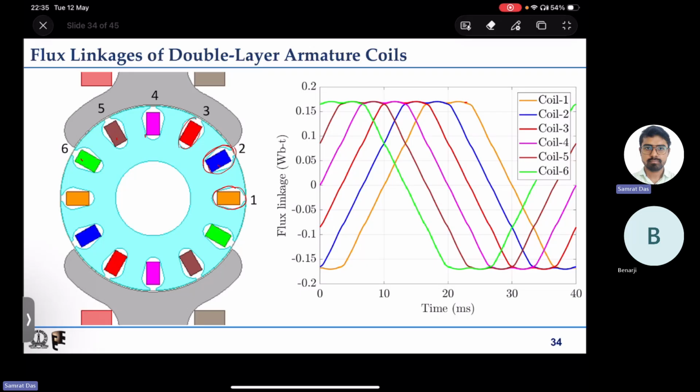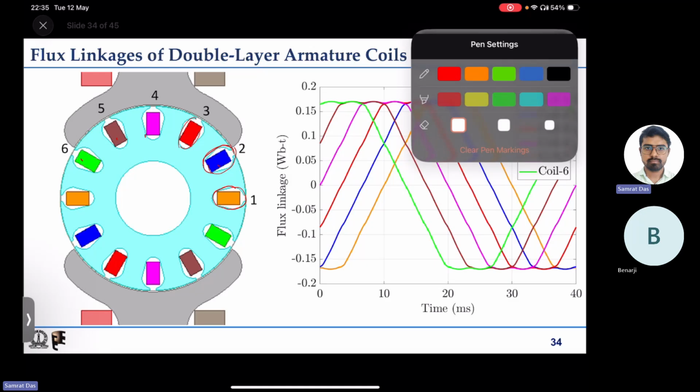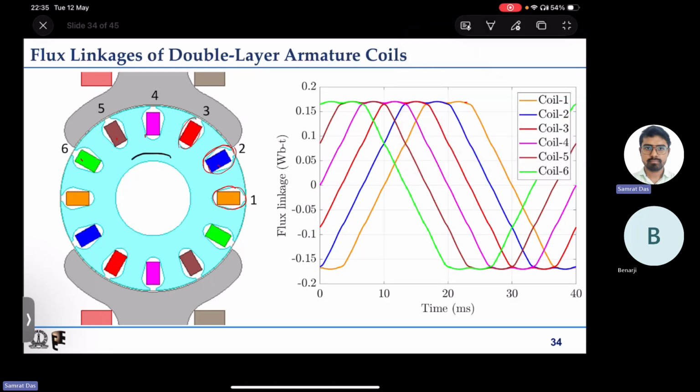These flux linkage waveforms are the flux linkages of the coils with time, and the rotor rotates in the anti-clockwise direction. So whatever rotor position is shown here indicates this instant.